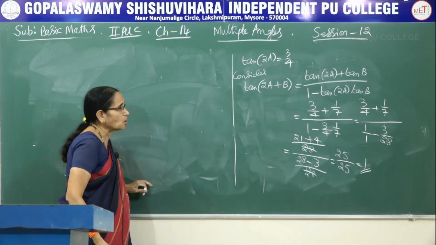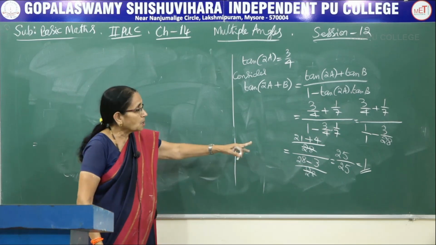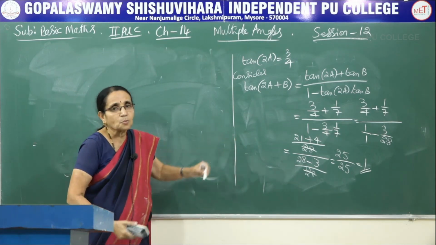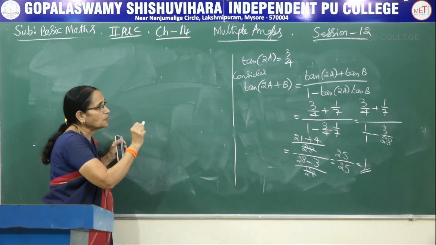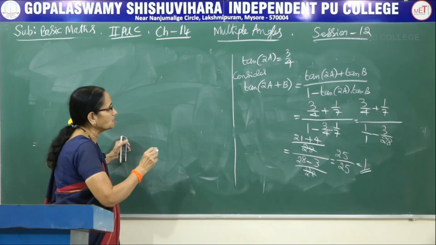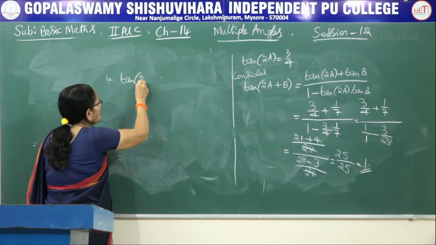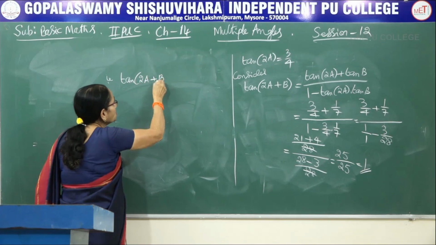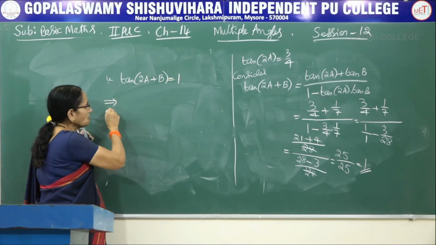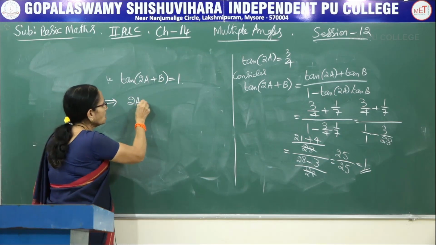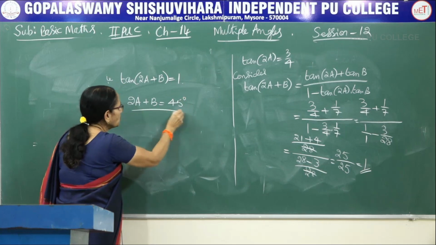Sometimes in the same problem they ask you to show that tan of 2a plus b equals 1. Then you can stop at this stage. But in this problem, one more step has been asked: show that 2a plus b equals 45 degrees. That is, you write tan of 2a plus b is equal to 1. That implies that the angle 2a plus b is equal to 45 degrees.